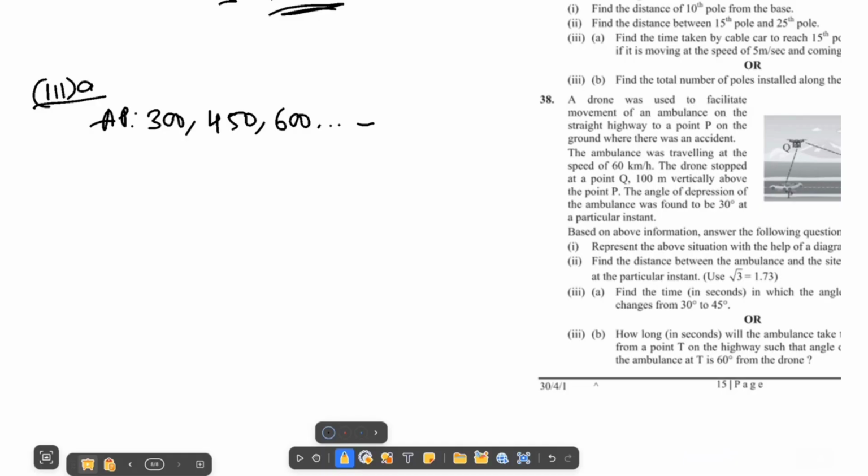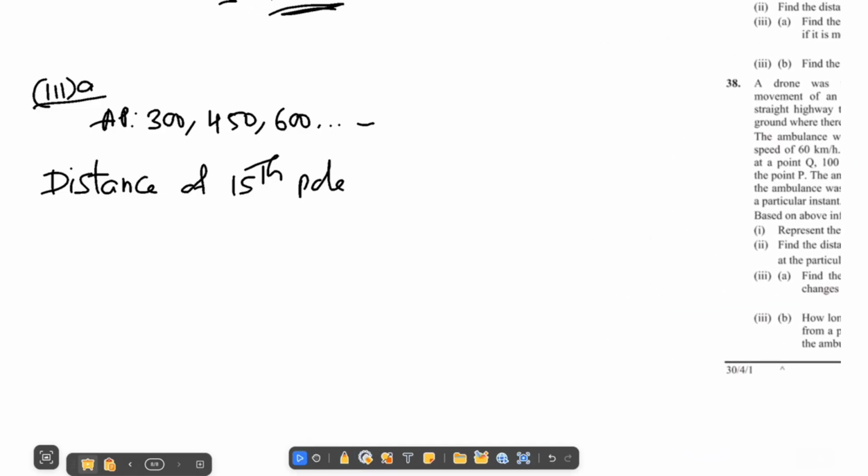First of all, the distance of the 15th pole from the top. Now it is equal to A15 from the top.